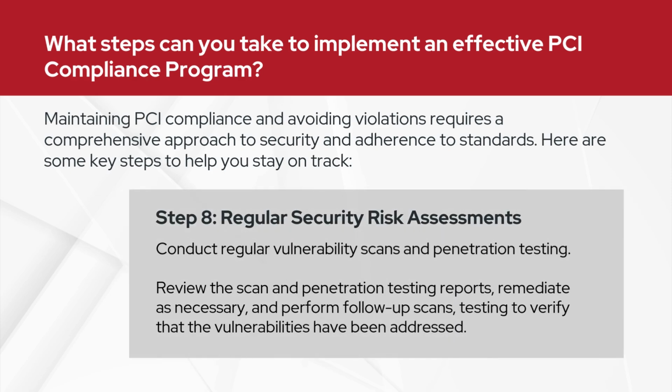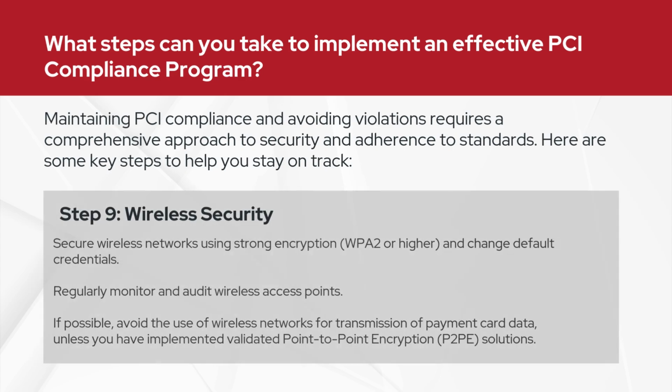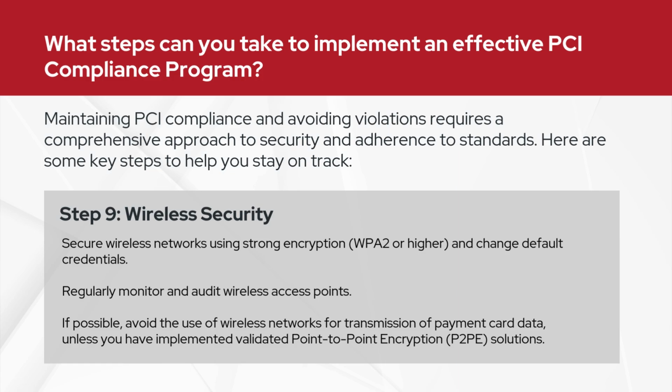Step 8. Regular security risk assessments. Conduct regular vulnerability scans and penetration testing. Review the scan and penetration testing reports, remediate as necessary, and perform follow-up scans and testing to verify that the vulnerabilities have been addressed. Step 9. Wireless security.